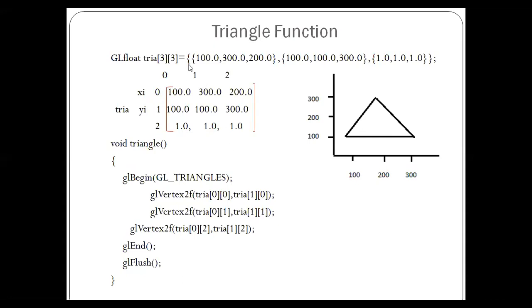Triangle of 0, 1 means 300, and triangle of 1, 1 means 100. That is 300, comma 100. This is my second point.